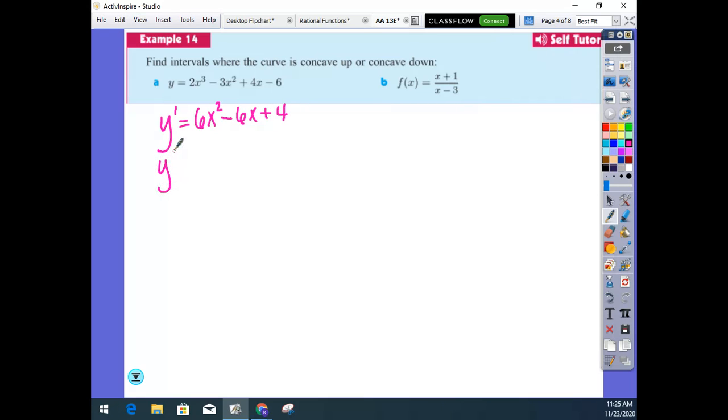So to find our second derivative, we do the derivative of the derivative. Do your power rule again. Now we're going to set the second derivative equal to 0 to find if it's concave up or concave down. So this part is not new.